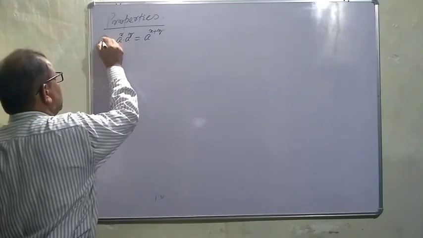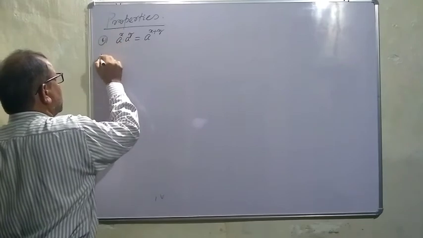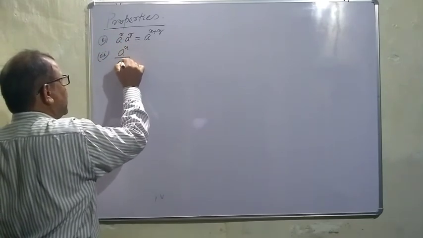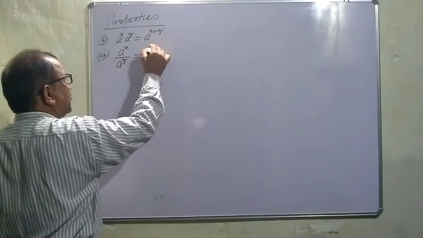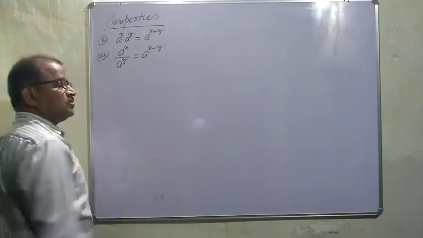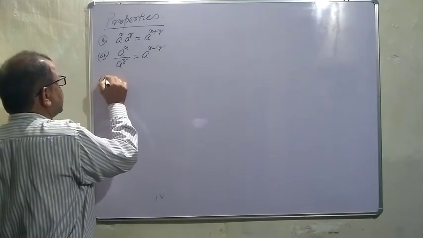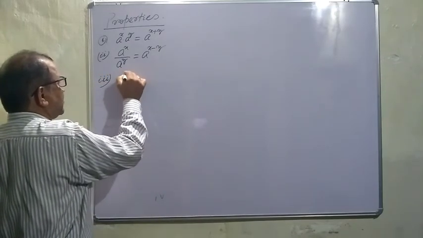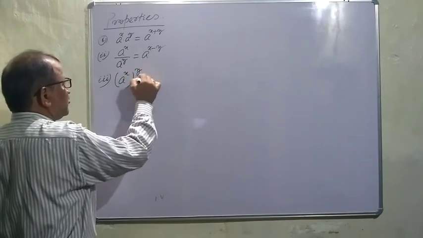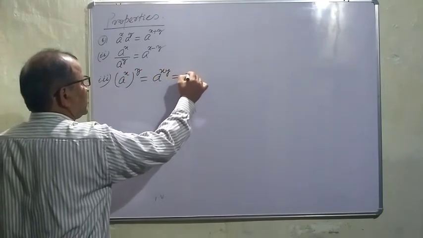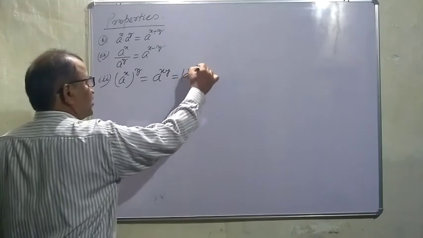Similarly, number 2, a to the power x by a to the power y is equal to a to the power x minus y. Number 3, (a to the power x) to the power y is equal to a to the power xy, that is equal to (a to the power y) to the power x also.